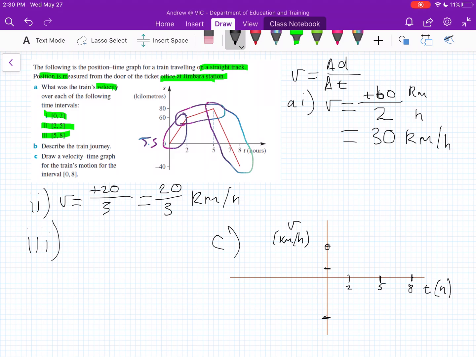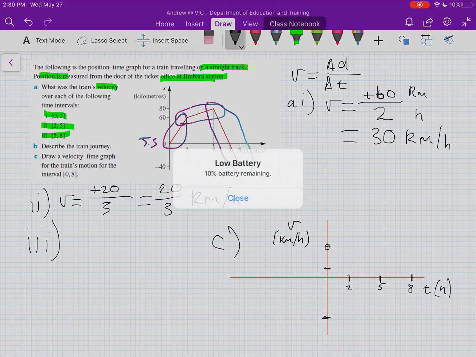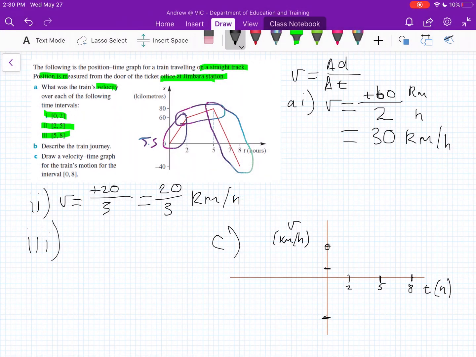Then part 3, from 5 to 8. Our change in distance: they've gone from 80 kilometers to negative 40. So just like you normally would, you'd do negative 40 minus 80, over 8 minus 5.